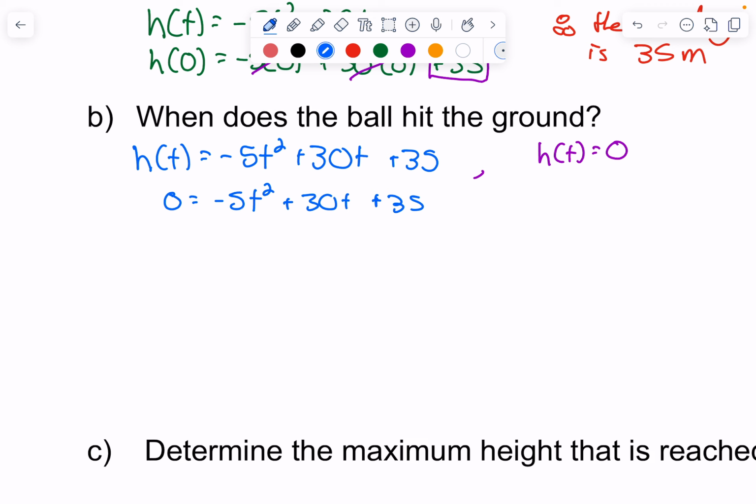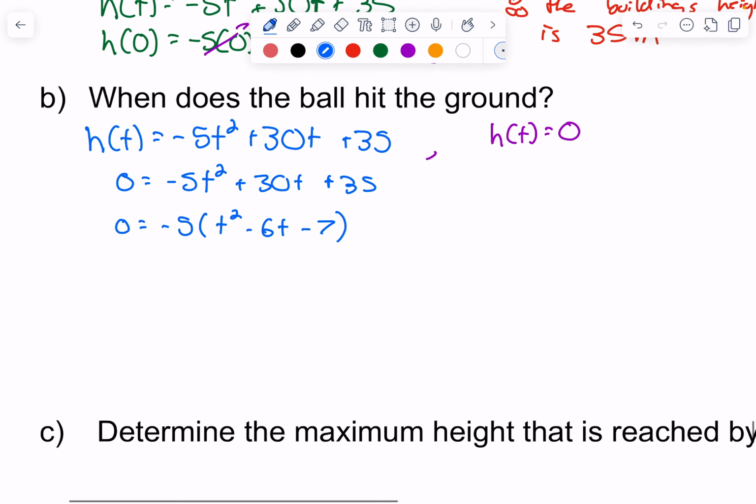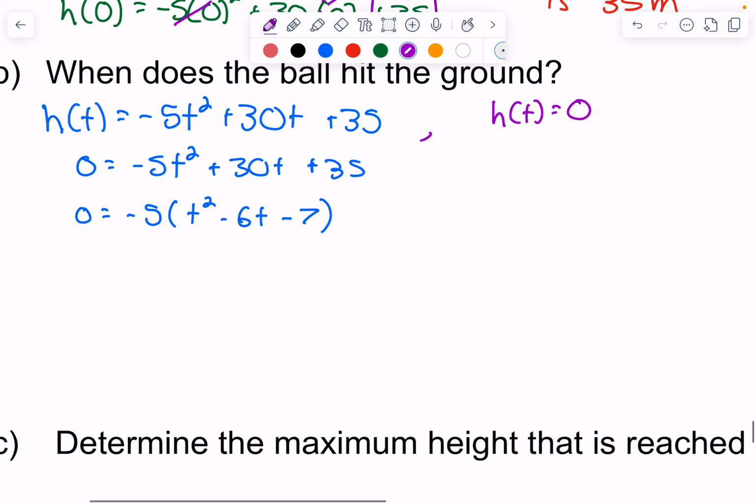We have a quadratic set to 0. Whenever you see that, you have to factor. You're solving a quadratic, it means factor. So 0 equals minus 5, take out your GCF first, t squared minus 6t minus 7. We need two numbers that multiply to give us negative 7 and add up to give us minus 6.